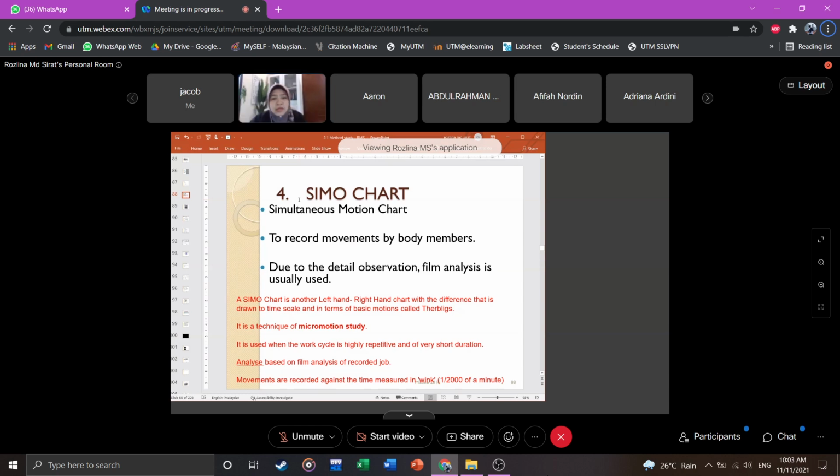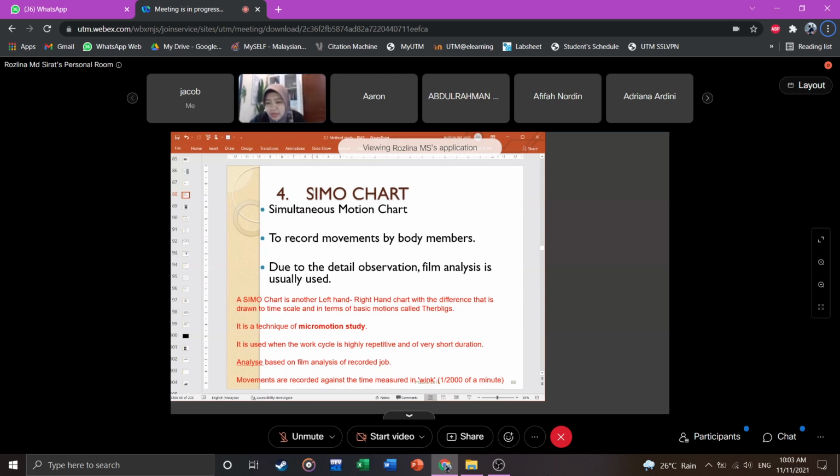Hand chart, the left hand right hand chart. Process flow chart.